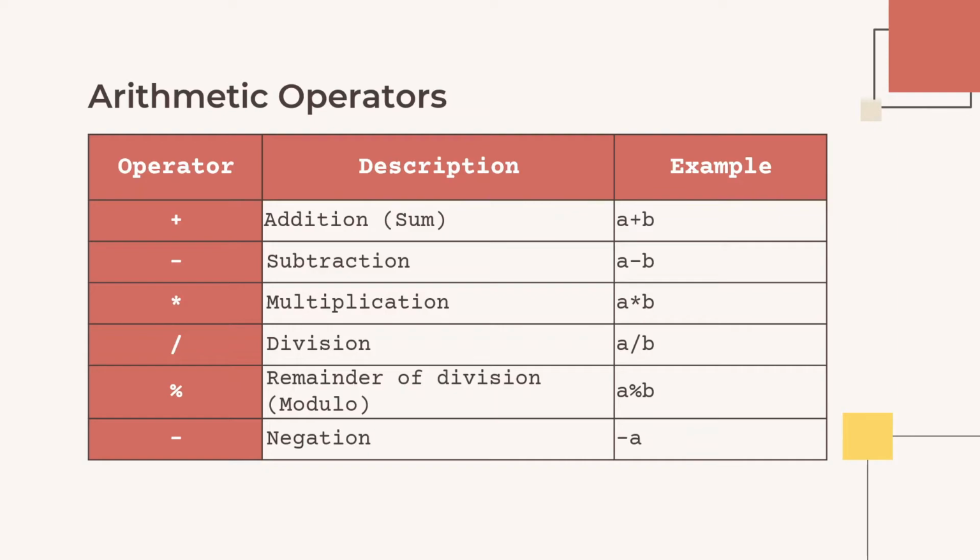For example, 9 modulo 2 is 1 and 9 modulo 3 is 0. Then minus is also used as the negation operator. This operator is called a unary operator because it requires only a single operand.